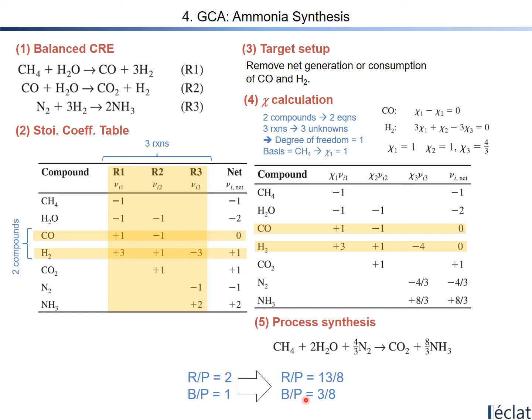How about P, the side product or byproduct? Let me check the plus sign. Only the side product CO2, so 1 divided by 8 over 3. Then BP goes to 3 over 8, which is much less than 1, the value of the original process. So successfully we have improved the original ammonia synthesis process by using the generation consumption analysis plus process synthesis.